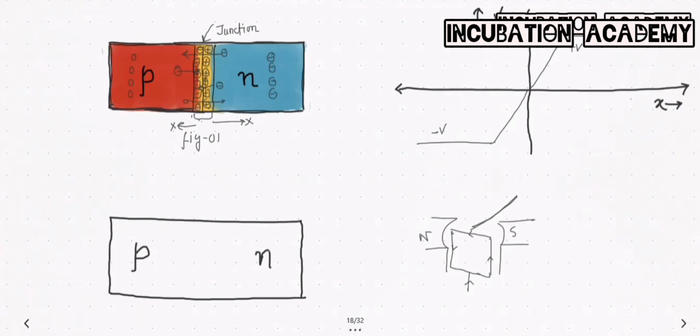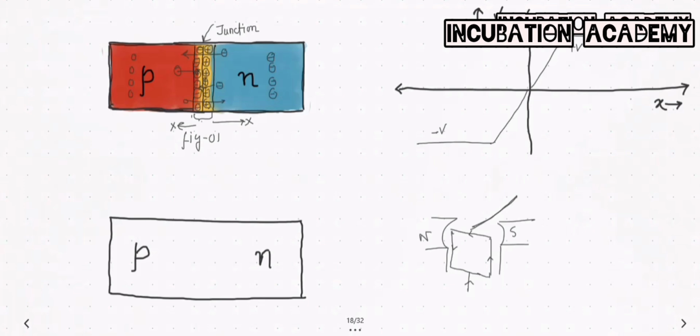But here, when the potential barrier on the two sides of the junction is developed, at that time further diffusion of the electrons and the holes will stop. When it has stopped, there is no flow of charge carriers, current is not flowing.